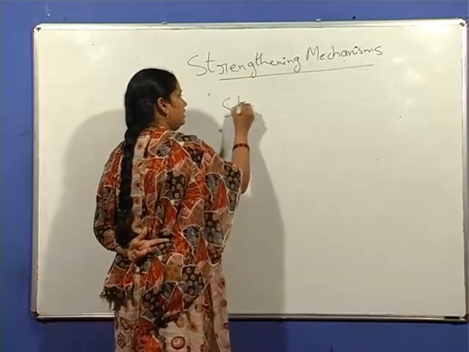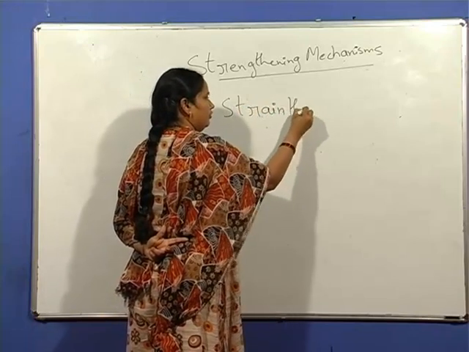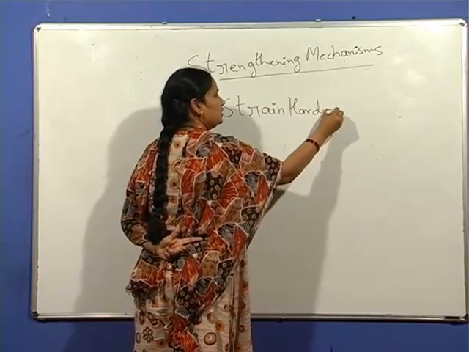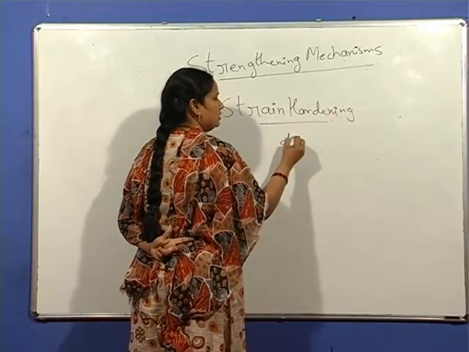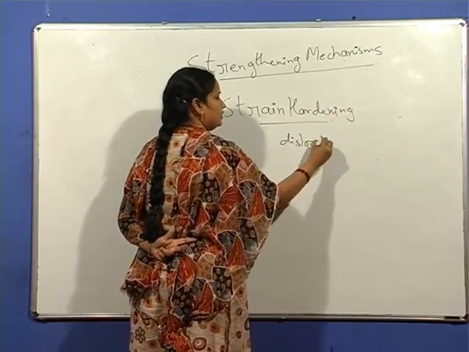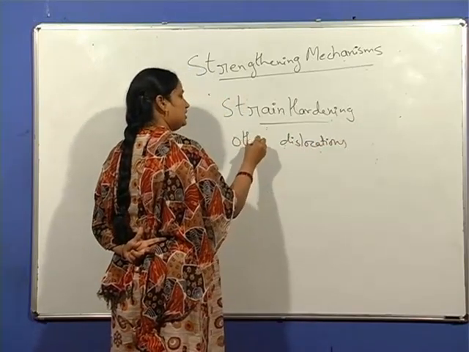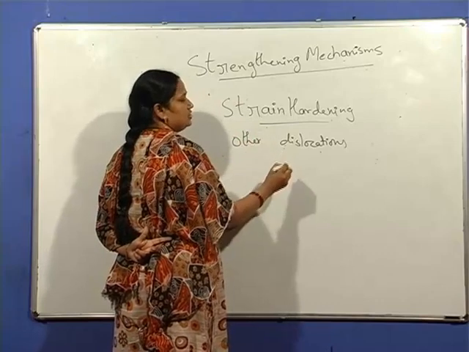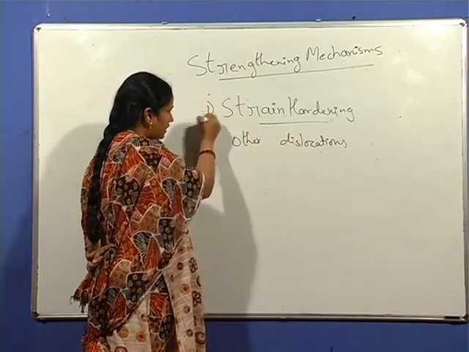So in strain hardening, the obstacle to the dislocation motion is the dislocations themselves; other dislocations obstruct the movement of dislocations.